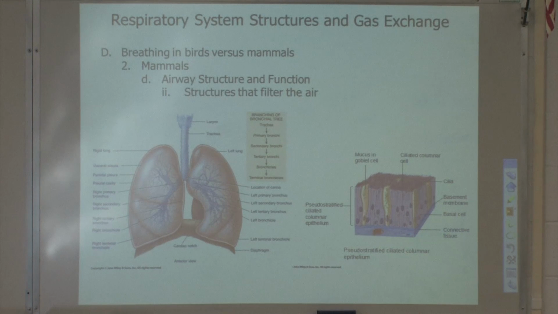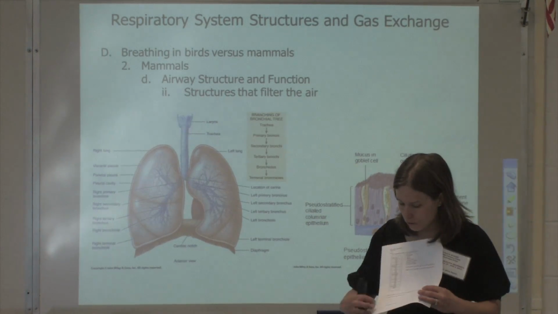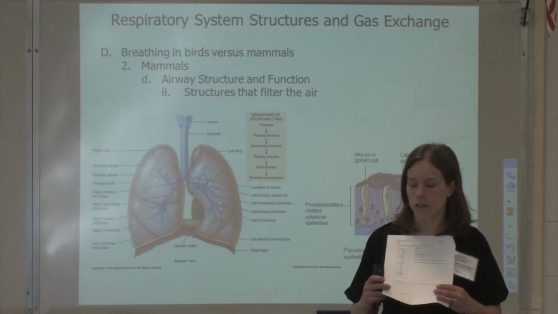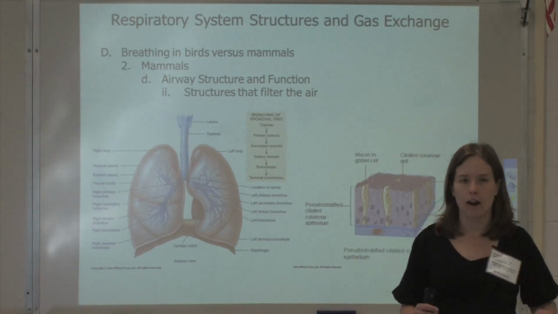And so there are numerous structures along the way that filter the air. So remove dust particles, pollen, and other foreign particles from the air before it gets into the lungs. And so I have a space for you in number 2 to fill in the blanks with some of the structures that filter the air, and also to put in the epithelial tissue type that these structures are lined with in order to filter the air.